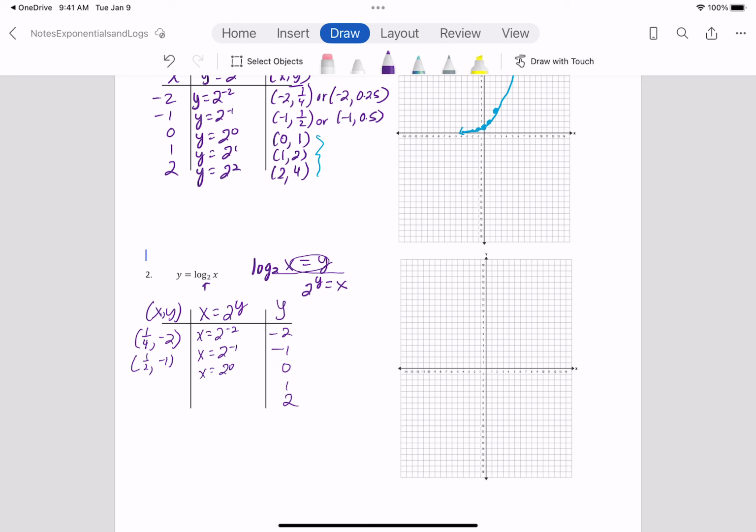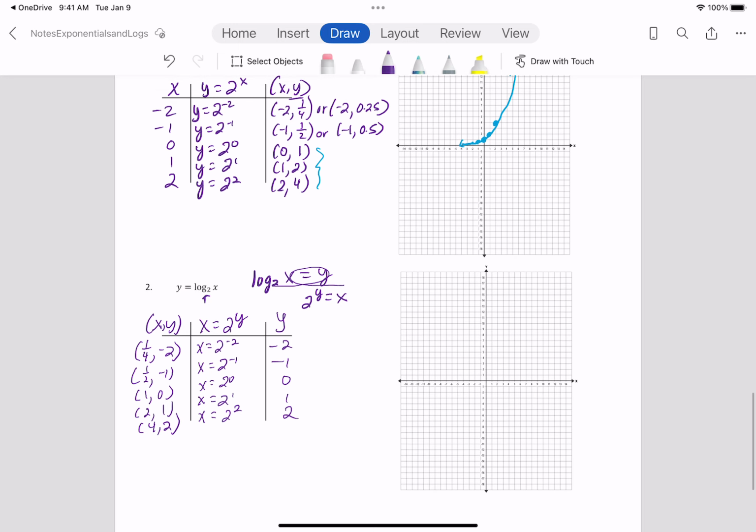If I put in 0, anything to the 0 is 1. If I put in 1, 2 to the first is just 2. And lastly, if I put in 2, 2 squared is 4.